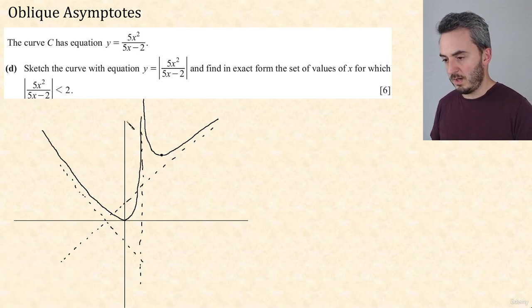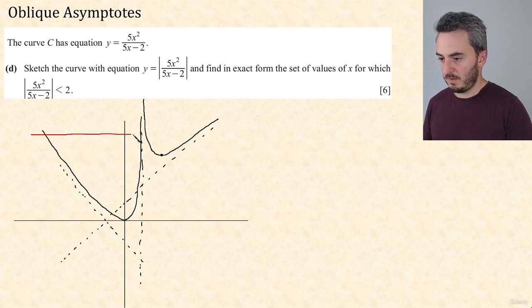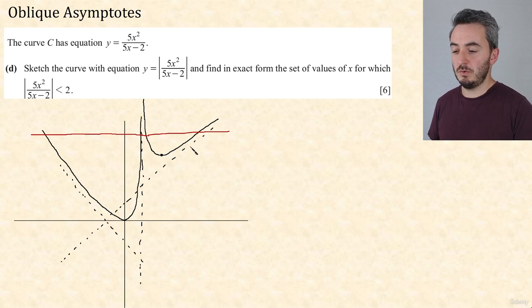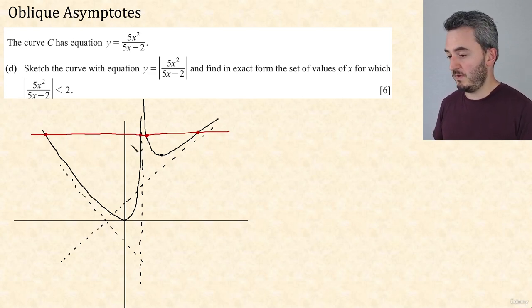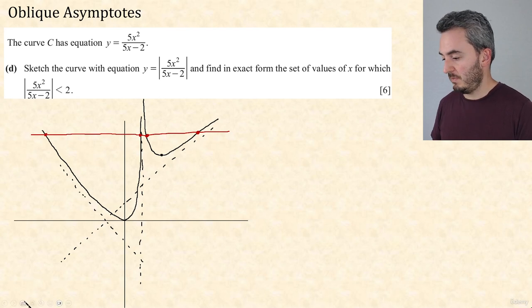So what I like to do is kind of draw myself a line at the point where 2 is. And effectively need to be saying, I want all the bits that are under that line. So it's going to be between here and here, and between here and here. So I just need to find those 4 points.